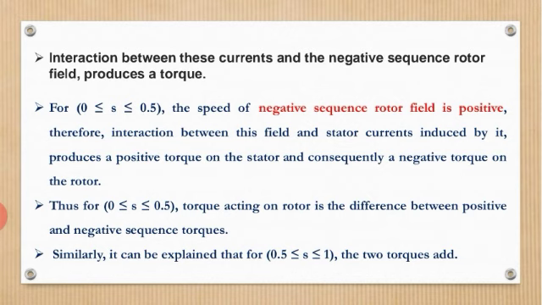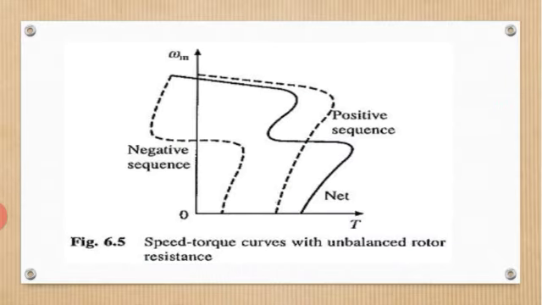This is the speed torque curve with unbalanced rotor resistance. It gives a clear picture of how the rotor resistance affects the performance of the motor. If you observe the nature of the motor speed torque characteristic, the large dip in torque occurs at half of synchronous speed.